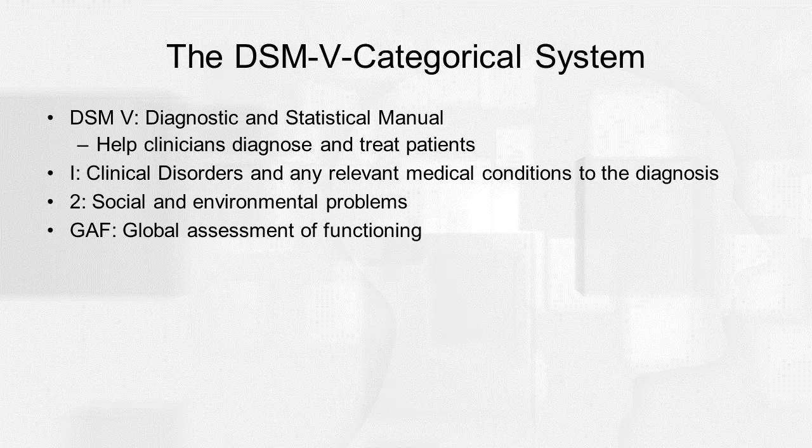On line 2, the clinician will list out any social or environmental problems that they feel are impacting that client. And then some clinicians are still using GAF, or a Global Assessment of Functioning. What this is, it is a number that is generated to help the clinician be able to communicate the level of functioning that the client is experiencing. So it's a scale that goes from 0 to 100, 100 being highest level of functioning.